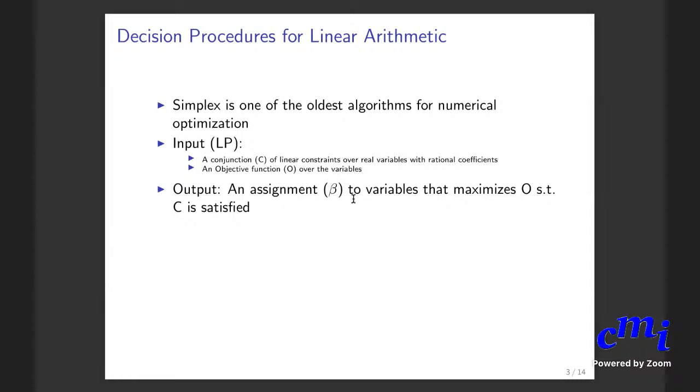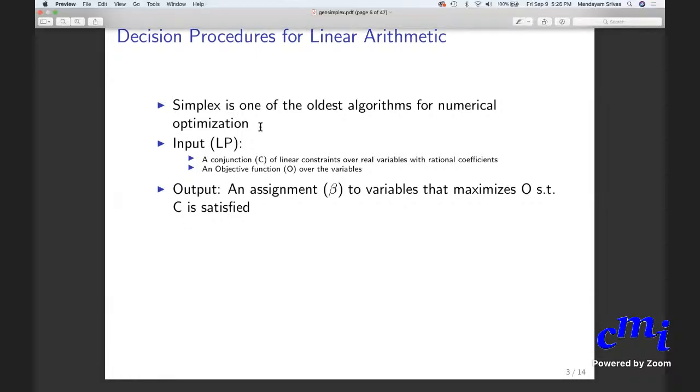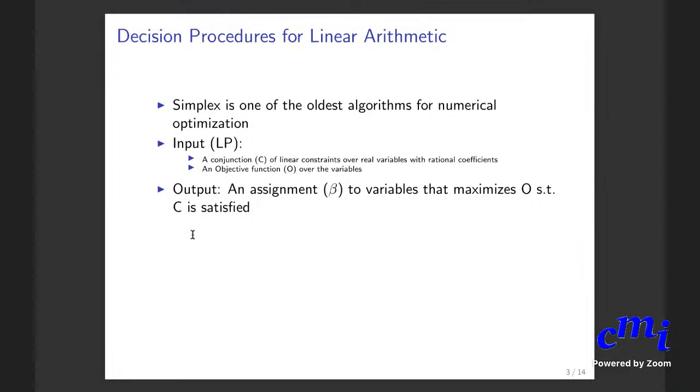And it outputs an assignment to those variables that maximizes the objective function, while all the inequality constraints in C are satisfied.